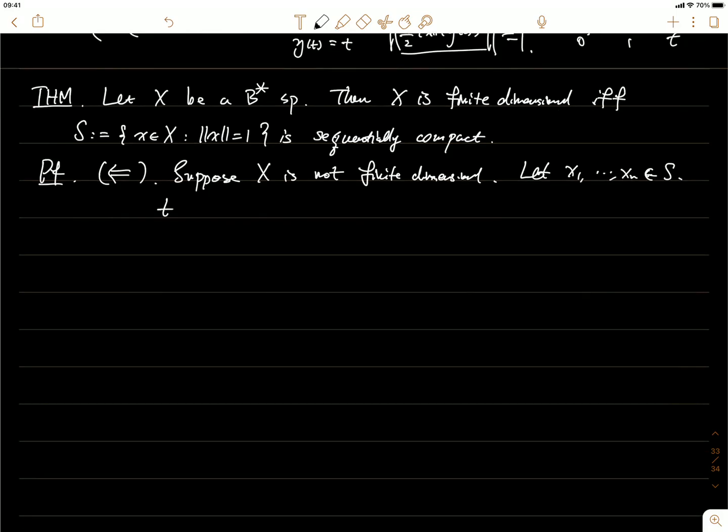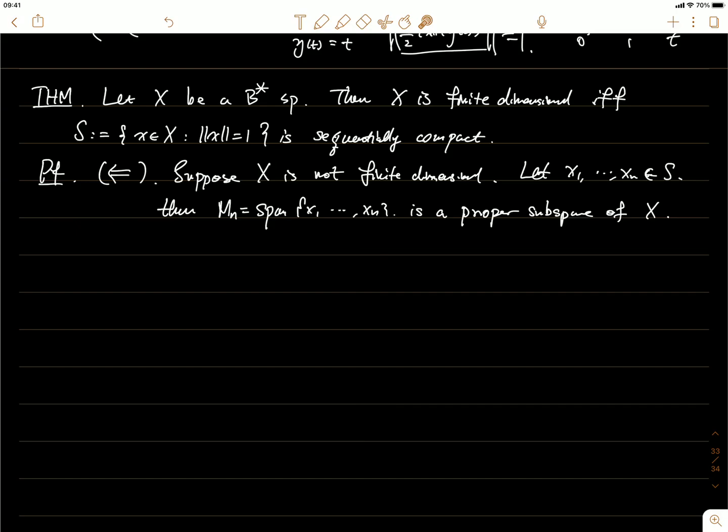Then the span of x1 through xn must be a proper subspace of X. The reason is, if I denote this by Mn, and it is not a proper subspace of X, if it is equal to X, then X is actually equal to the span of this.